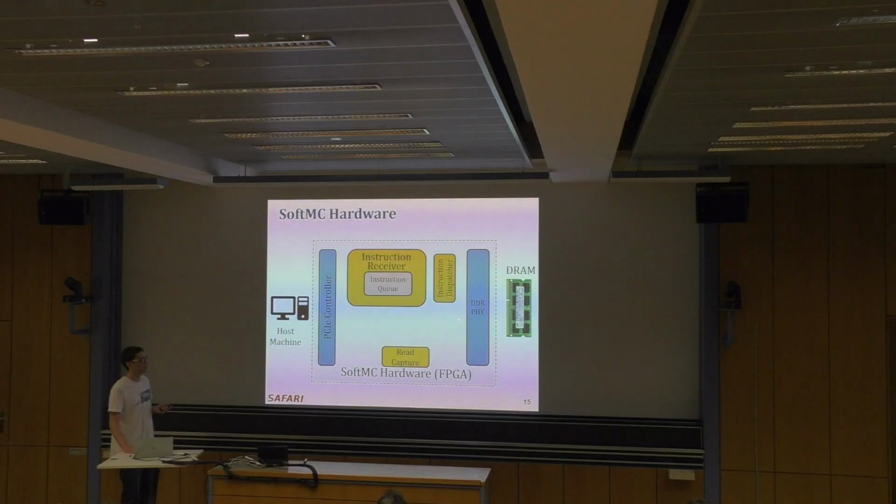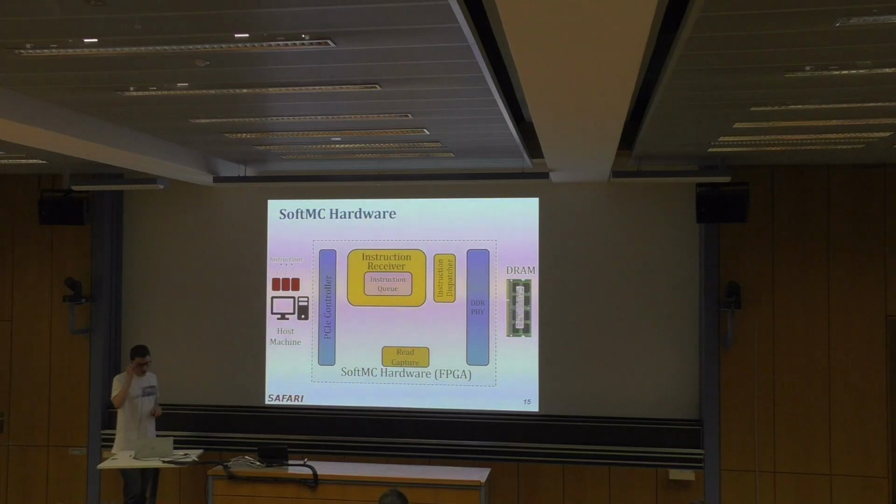And the DDR PHY is a fixed block that is implemented in the FPGA. The reason why it's fixed is that it has to communicate with a specific physical interface with the DRAM, and it has to be fast. And here we have another module called read capture that we use to basically get the data from the DRAM and send it back to the host machine.